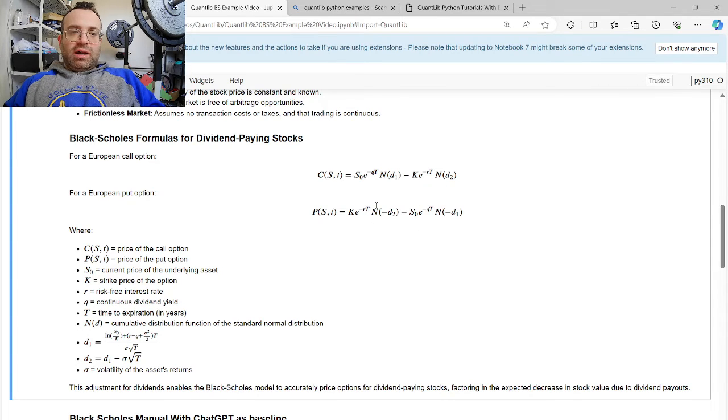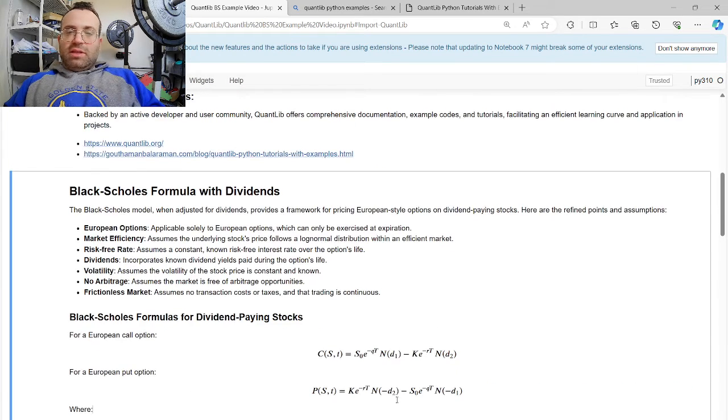This is the cumulative normal distribution. You get the interest rate, you get the volatility, or standard deviation, sigma, and those are all constant in this example. Same with the dividend yield here. It's a continuous constant as the assumption.